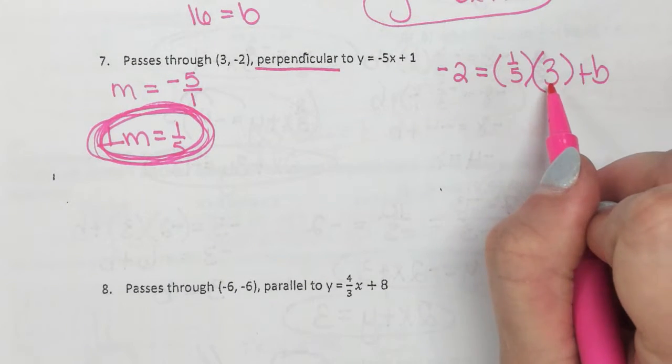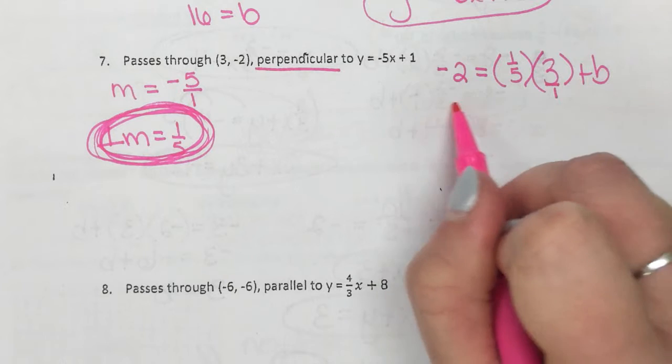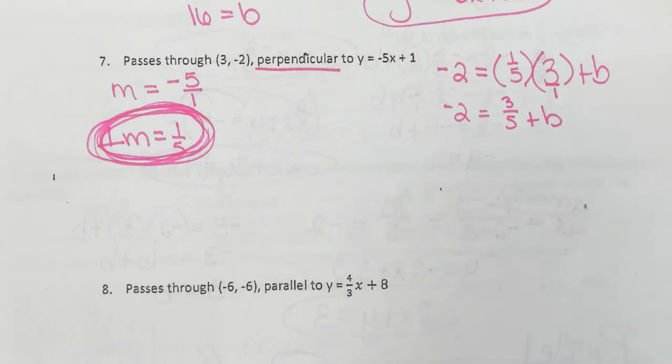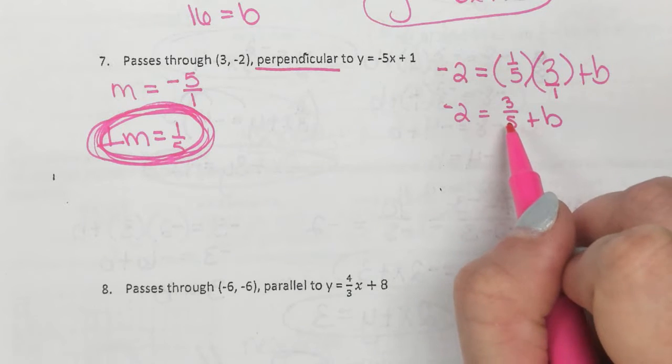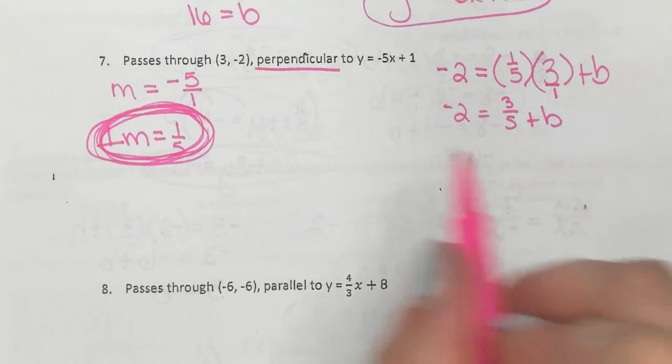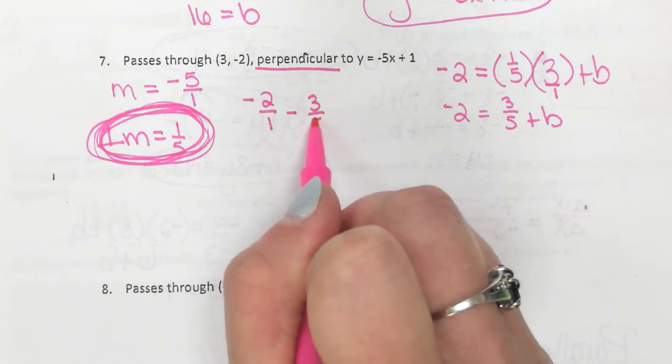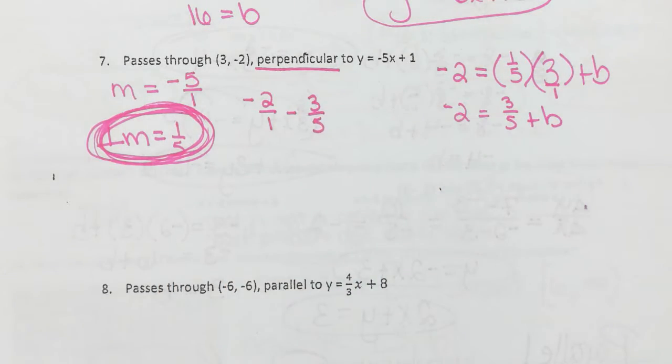Alright, right here. Make this 3 a fraction. 3/1. Multiply and you get 3/5, right? Y'all okay so far? No decimals at all. Alright, how am I going to move this guy to the other side? I'm going to subtract him. So I got -2/1 minus 3/5. How do you subtract fractions?